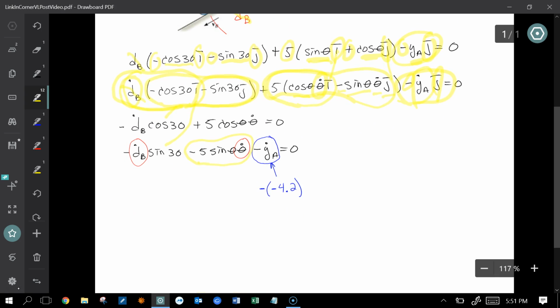So YA dot is 4.2, and it's getting smaller, so negative. This negative out here comes from the one that's already right there, so be careful that you don't drop a negative sign. How many unknowns are in these two equations? Two. How many equations? Two. So you can solve it. I'm going to show you how to do that with Mathematica.